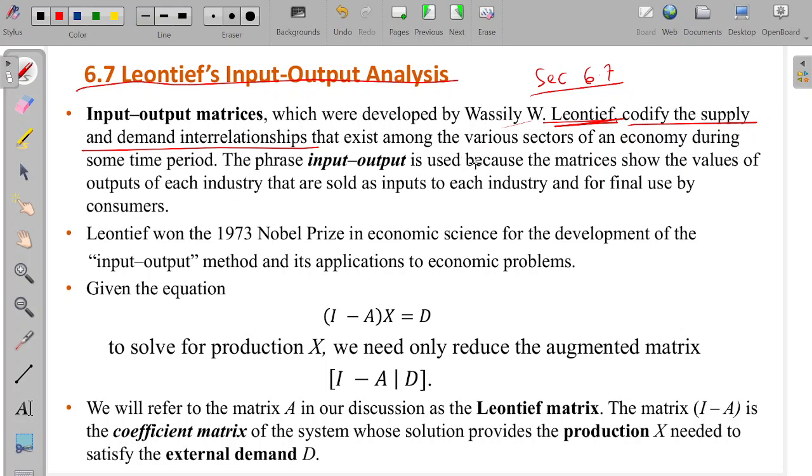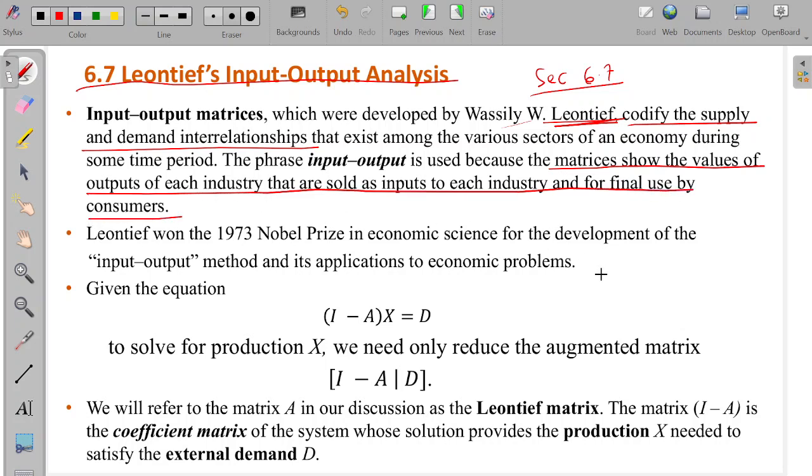The phrase input and output is used because the matrices show the values of output of each industry that are sold as input to each industry, and for final use by consumers.